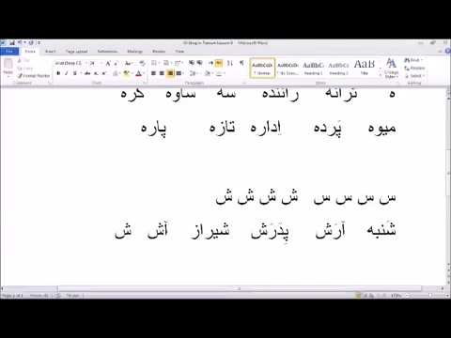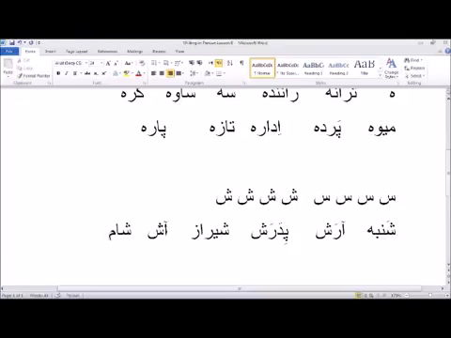What about this one? Sh, a, sham. Sham. I've noticed that some students, when they come to my class, tend to put a hat on the top of this A. Remember that this A does not have any hat because it stands in middle position or in the final position. But at the beginning, it must have a hat.